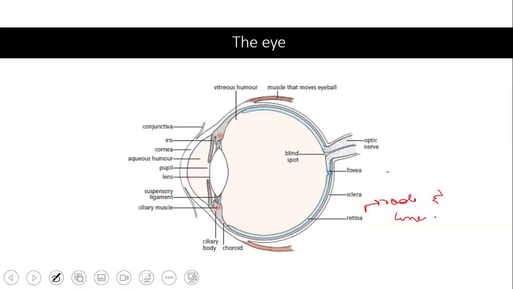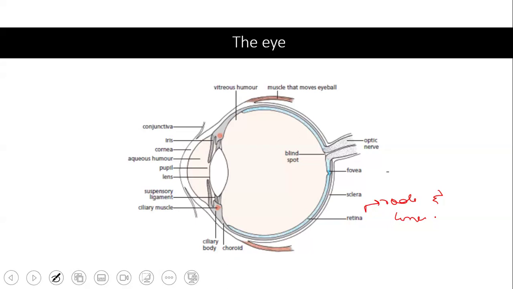When we talk about our rods, rods are responsible for seeing color. If I want to see the color of an object, for that I am going to need my rods. Sorry, I think I said rods, I meant cones. The cones are needed for seeing your colored vision.